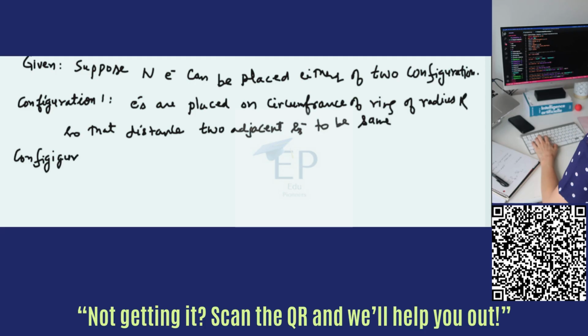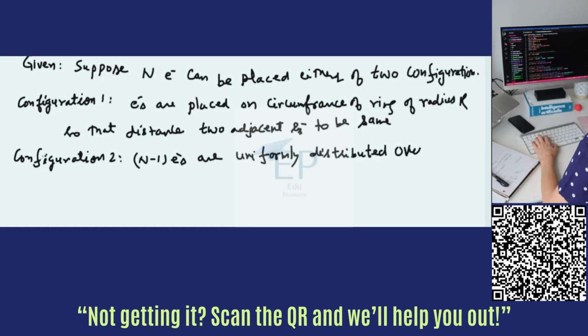Configuration 2: n-1 electrons are uniformly distributed over the ring and one electron at its center.